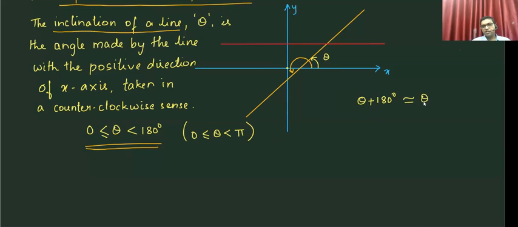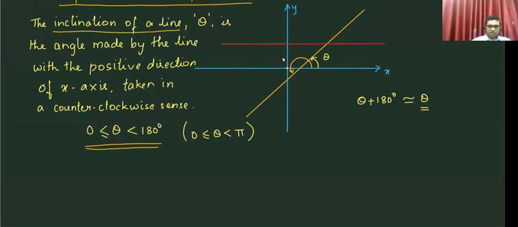So whether the inclination is theta or theta plus 180, you will get the same line. So basically, we take the minimum. It is theta. Theta is the inclination. Got it? Up to here, did everybody get it? We can call the inclination of this line theta. You can also calculate it this way. However, we take the least one. So the least one is theta.